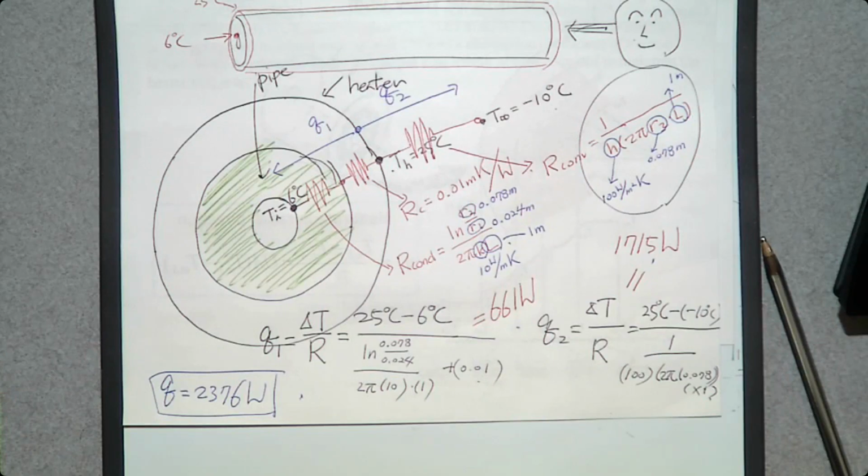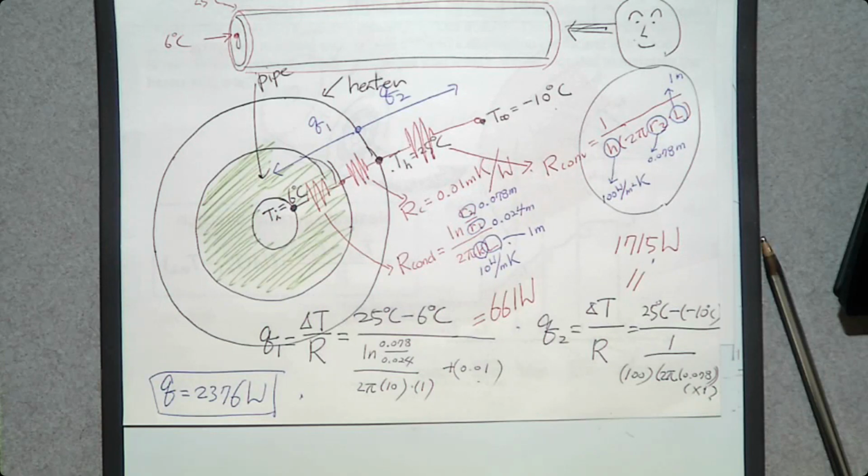What's going to happen if you provide less than this heater power? So the heater power is less than this one. What's going to happen? The temperature of the heater is going to decrease from 25. If you provide more heater power than this one, the temperature of the heater is going to increase from 25.